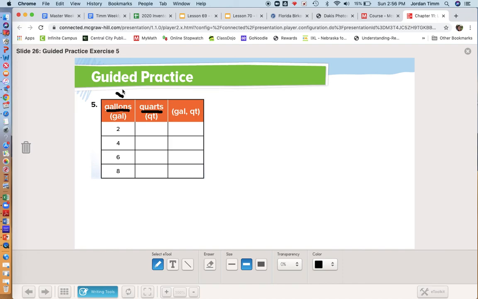There are 4, so we're multiplying this column by 4. So 2 times 4 is 8. And now you just put them in the group with the parentheses, 2, 8. Okay, I'll give you a little bit of time to finish this chart and then we'll check it and be done.